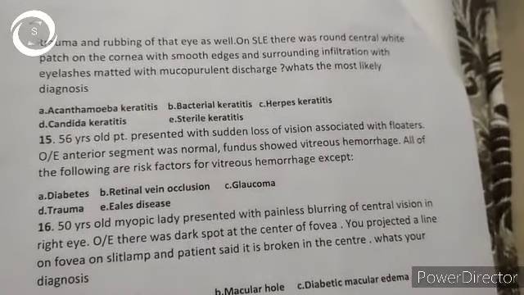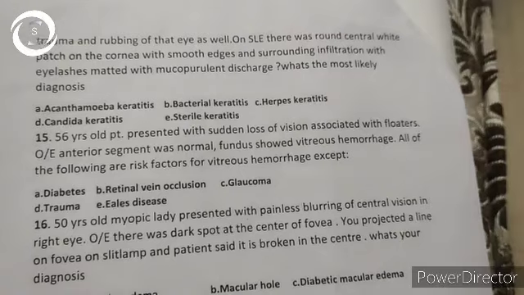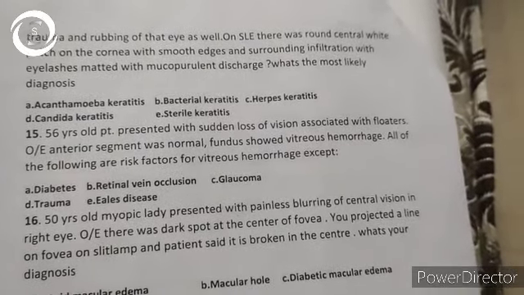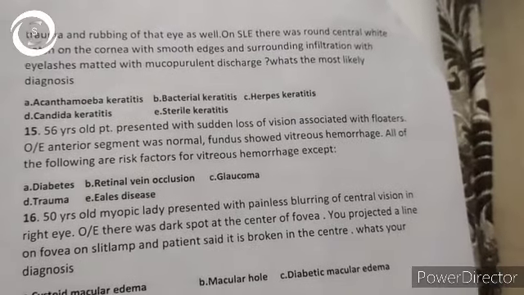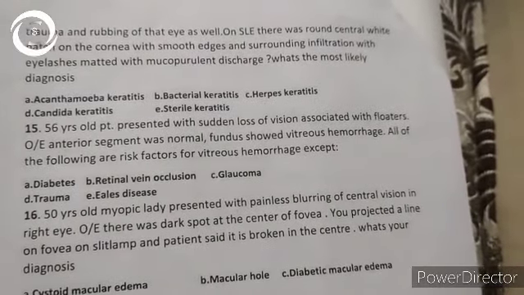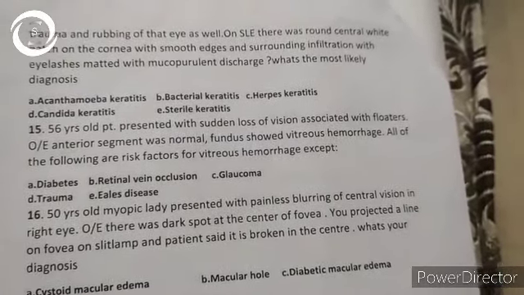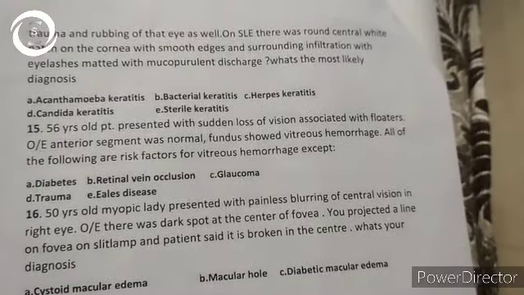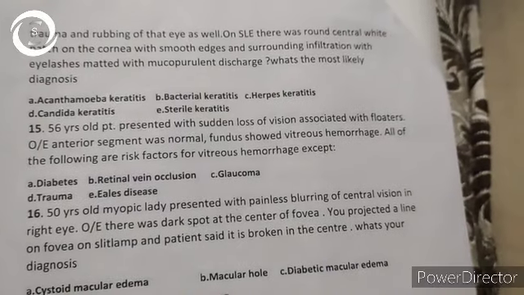In Acanthamoeba keratitis, there will be severe pain, contact lens history, or swimming in fresh water, the ulcer will be small and the pain will be out of proportion. In herpes keratitis, you will get a typical dendritic pattern.